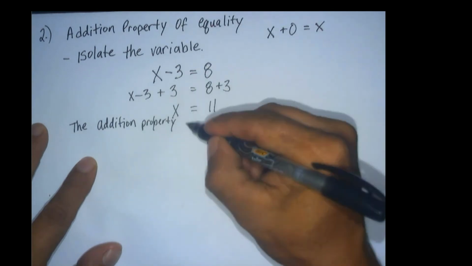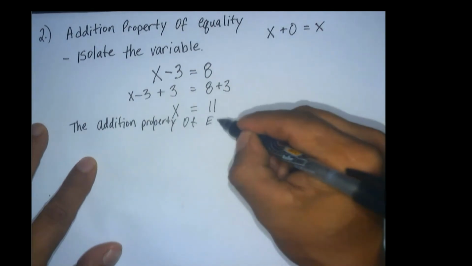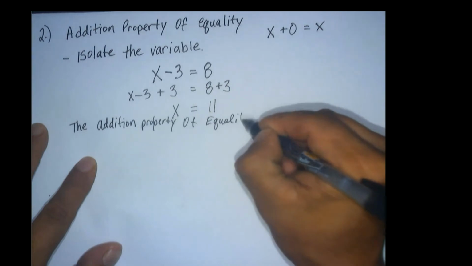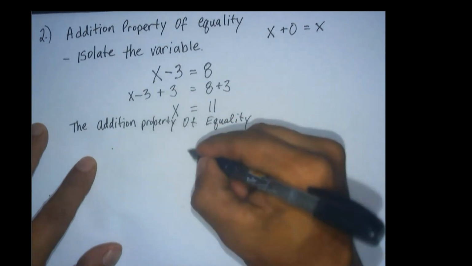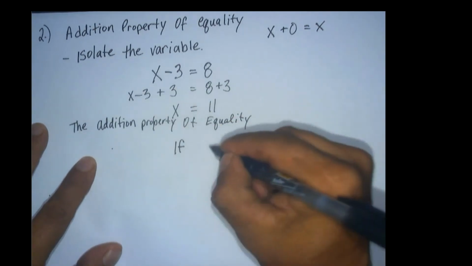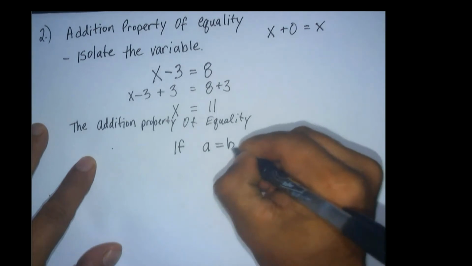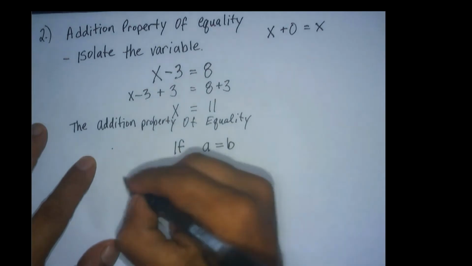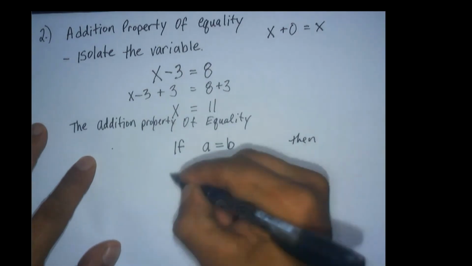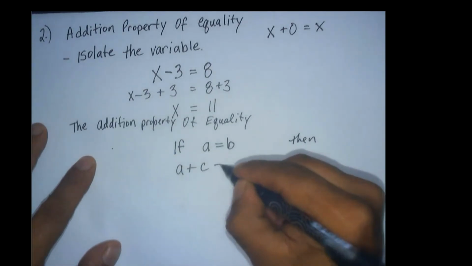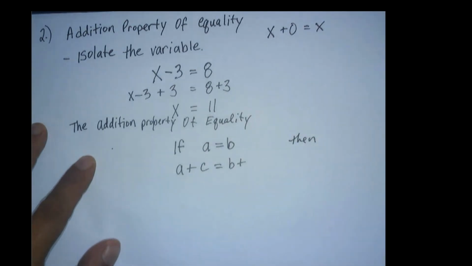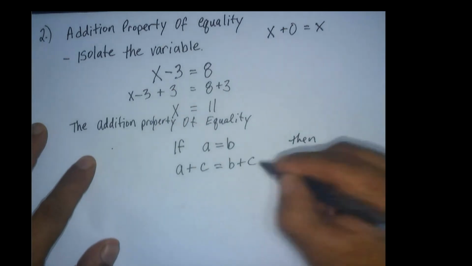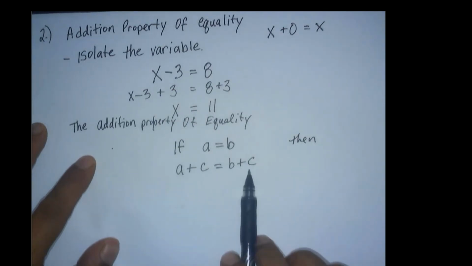Okay. If A is equal to B, then A plus C has to be equal to B plus what? C. If I add the same number to both sides, I have an equivalent expression.